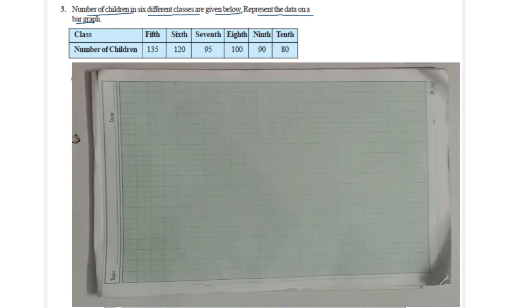Here class we represent on the x-axis and number of children we draw on the y-axis.